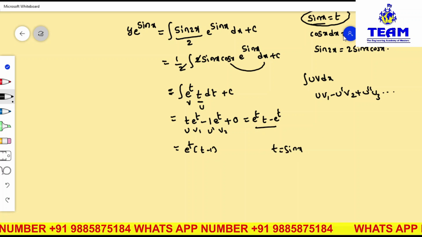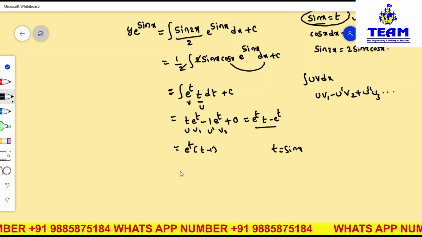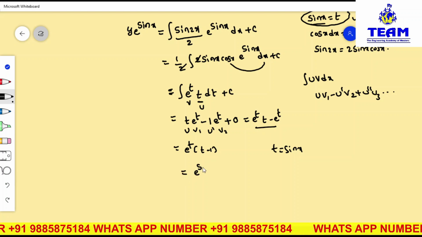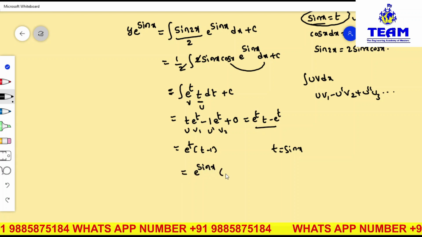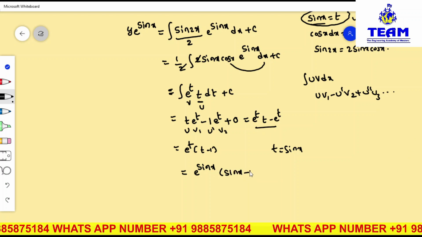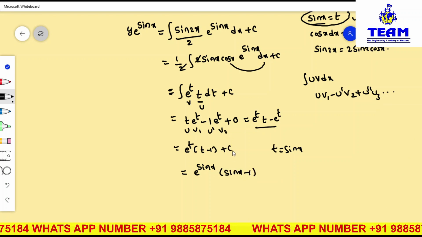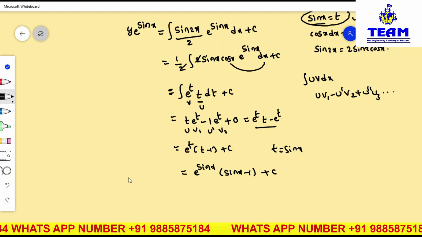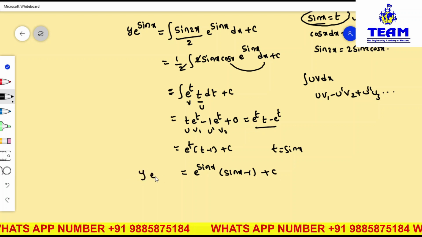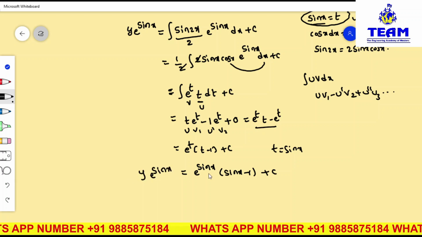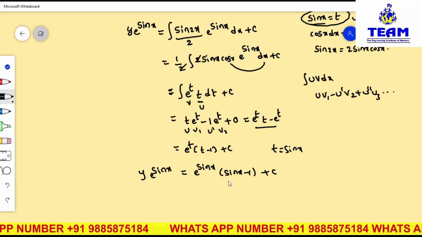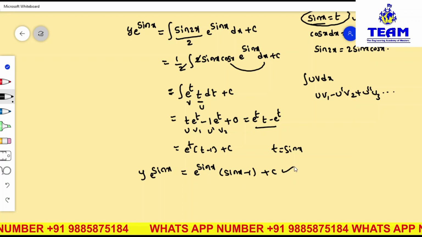You consider t is equal to sin x. So you will have e to the power of sin x into sin x minus 1. Plus c also I have to write. Hence the general solution is y into e to the power of sin x is equal to e power sin x into sin x minus 1 plus c. Up to this you can stop.